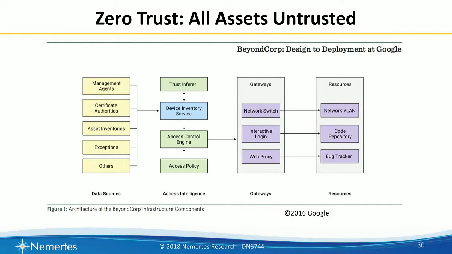So these are some design drawings that came out of Google as a part of their BeyondCorp design, which was the foundation of the idea of zero trust. And as you can see, central to it, that blue square, the full inventory of what's in the environment. Behind that, you've got management agents that are running on different pieces of the infrastructure. You've got certificate authorities managing encryption of data and identification based on encryption certificates.